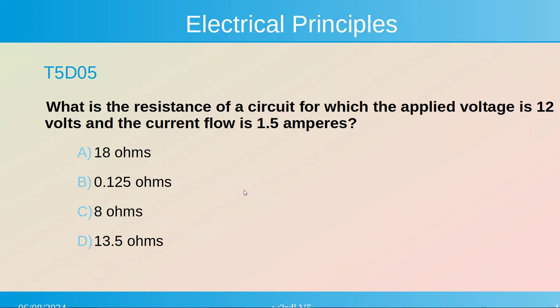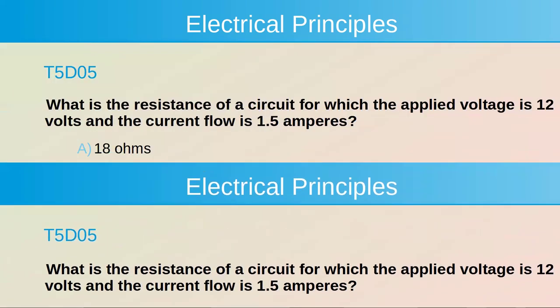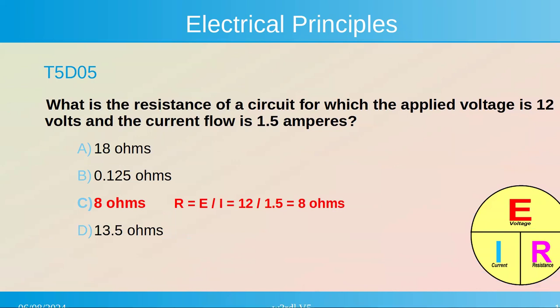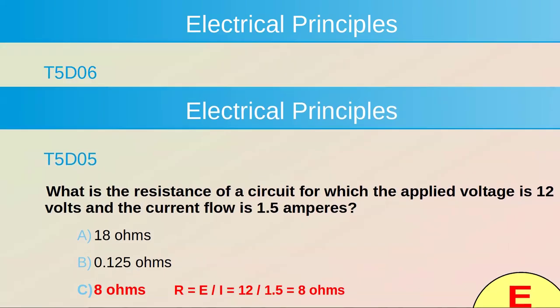We're gonna divide 12 by 1.5 amps. Rounded up to 2 amps, 12 divided by 2 would be 6, so it'll be 8 ohms. I think that's right. I'm slow, but I'll get there.